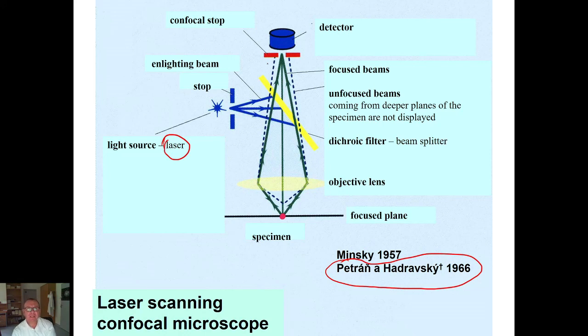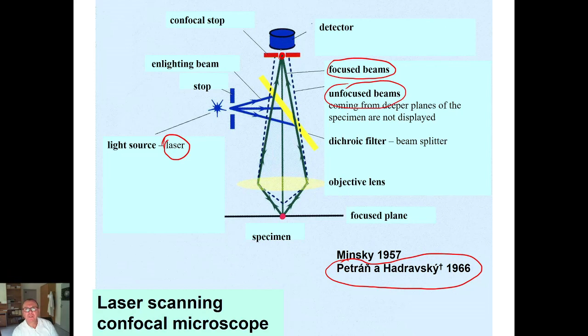The second improvement is a special confocal stop, where there is a very small pinhole, allowing us to see only focused beams going from the specimen, and not unfocused beams, which are filtered.